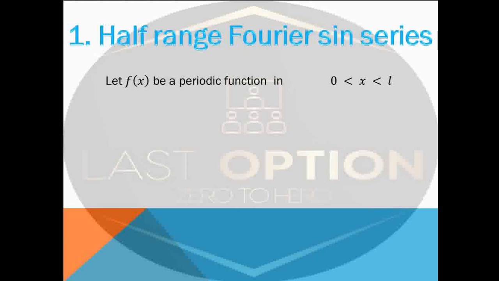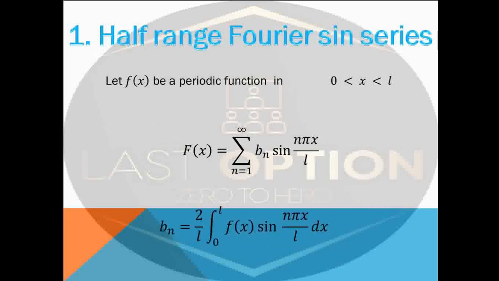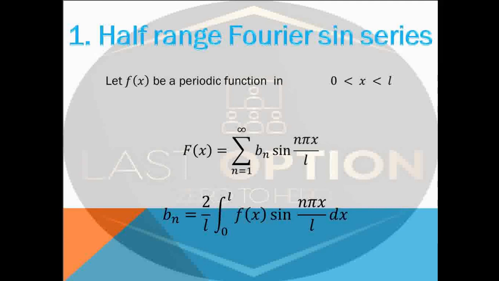The function f of x is a function from 0 to L, and then the half range sine series is f of x equal to summation of bn sin(n pi x upon L), where n is from 1 to infinity, and we have to find the value of bn and put it here to get the half range Fourier sine series. We find the value of bn from this formula: bn is equal to 2 upon L integration of f of x sin(n pi x upon L) dx.